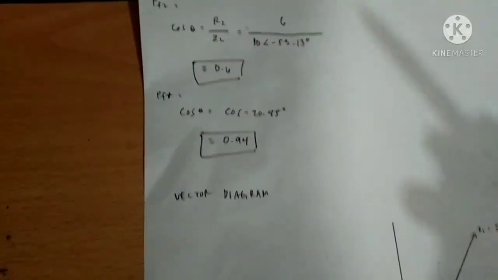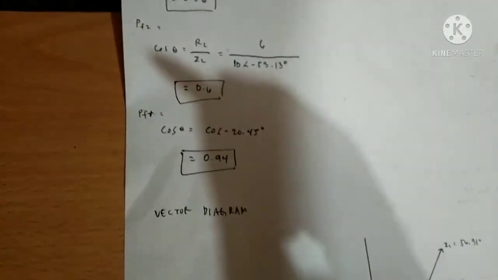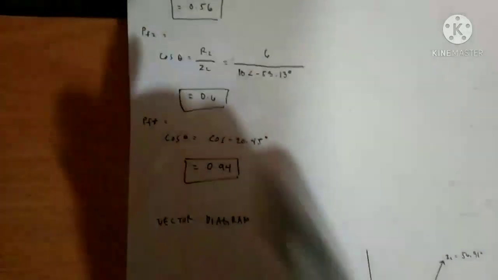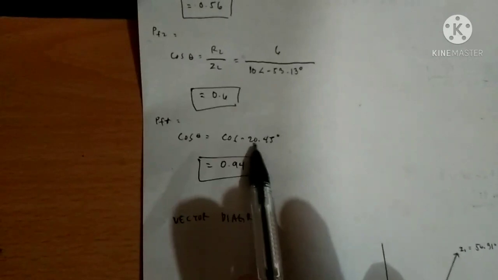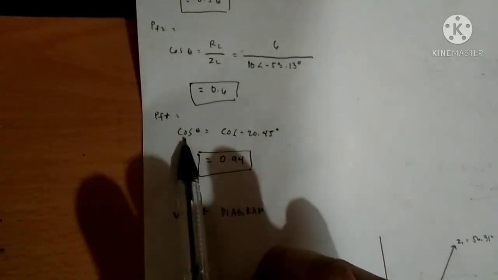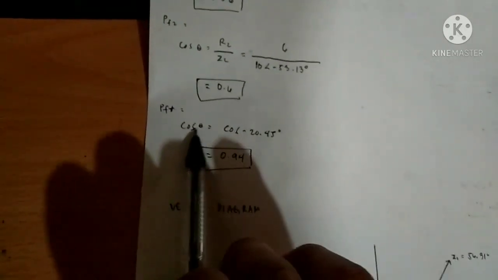And then for the power factor total, this is why we solve the total voltage, because we use it for the power factor total. So the formula for power factor total is cos theta, which is equivalent to cos of negative 20.45.